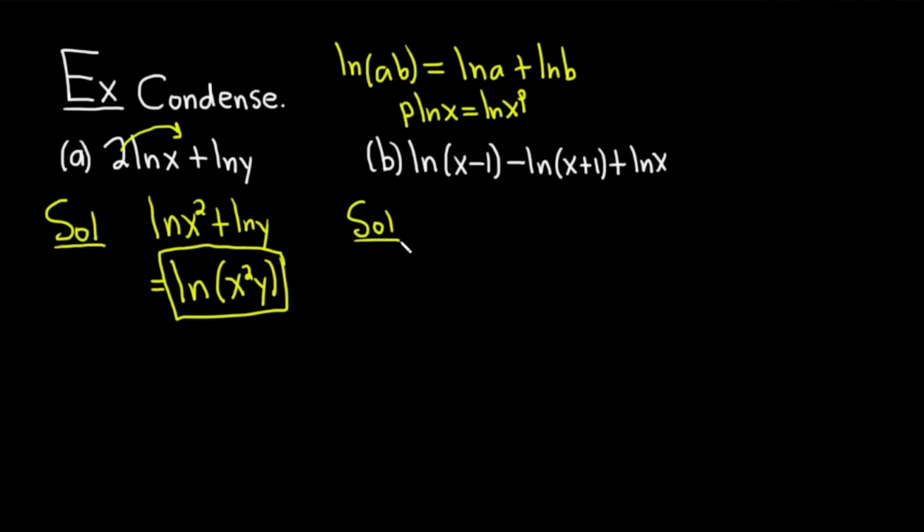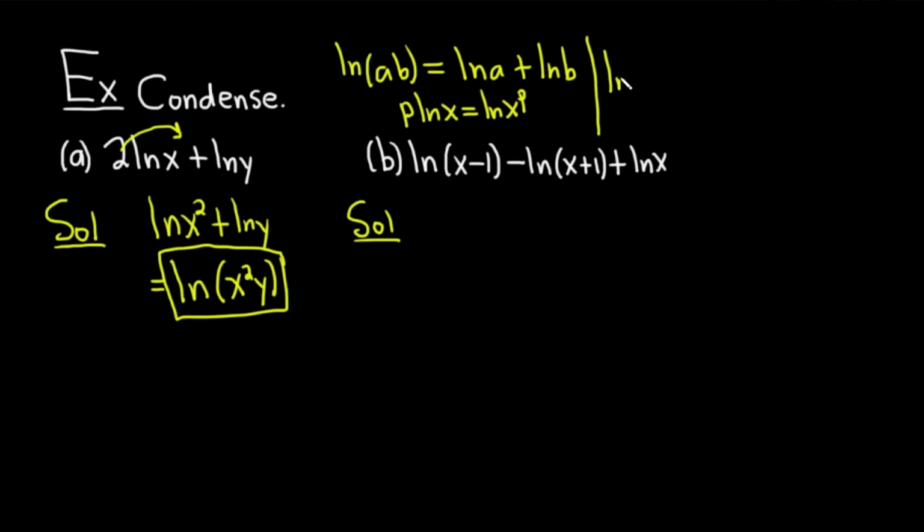Solution. This one is the natural log of x minus 1 minus the natural log of x plus 1 plus the natural log of x. In this case, we're going to start with the quotient rule because we have a minus. I'll refresh your memory up here with the quotient rule.